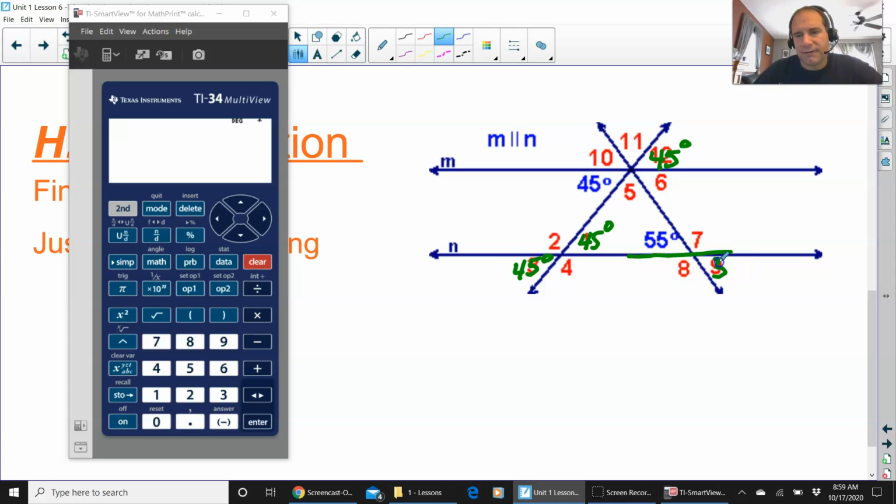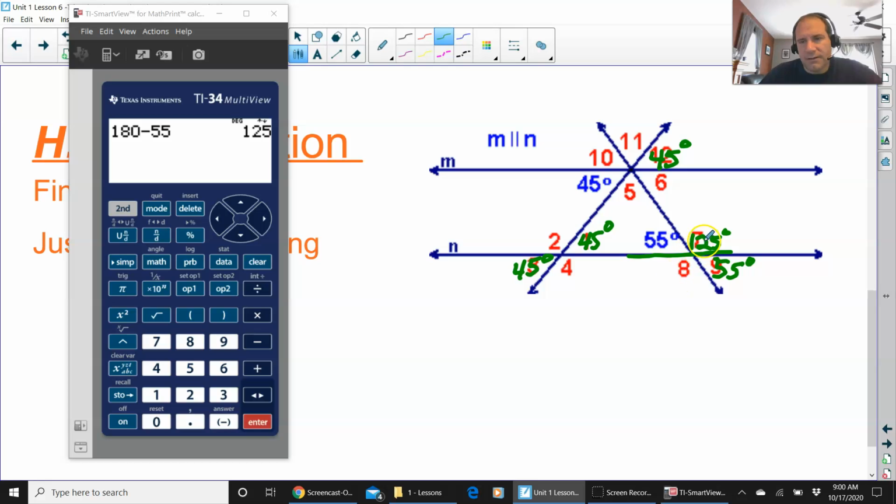I could do 55 here because they're vertical. Not bad, right? So here we go. We have 55 plus whatever equals 180. So I'm going to do 180 minus 55 because I know that those angles are supplementary, and I have 125.